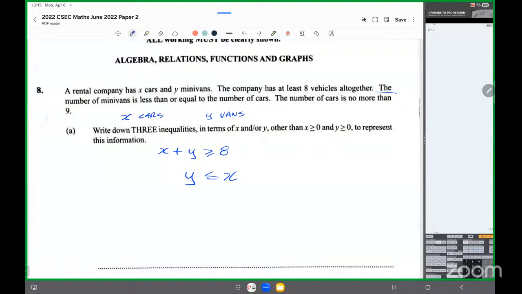Can't pass 9. The number of cars, which is X, must be less than or equal to 9. Can't be more than 9. 9 or less. That's your 3 inequalities. See them here. Very good? Okay? Yes, sir.